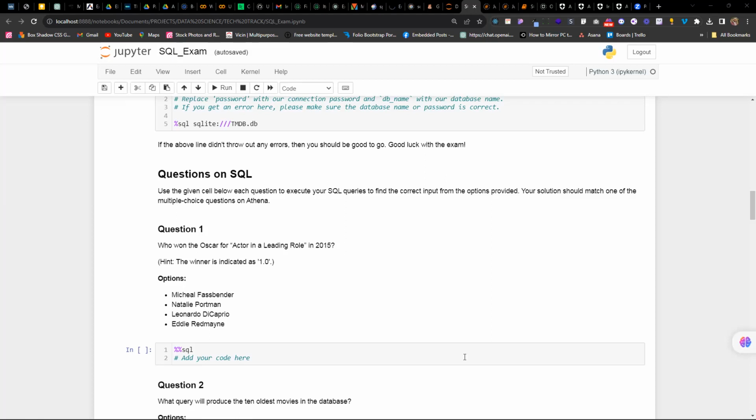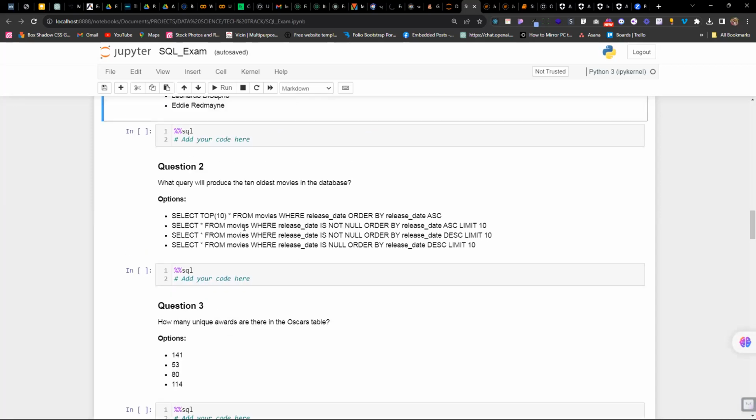Question 1 is asking, who won the Oscar for actor in a leading role in 2015? Hint, the winner is indicated as 1.0. I believe we'll find a way to go around that when the time comes.